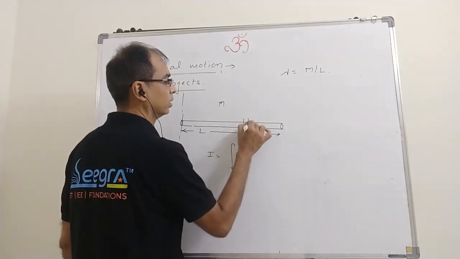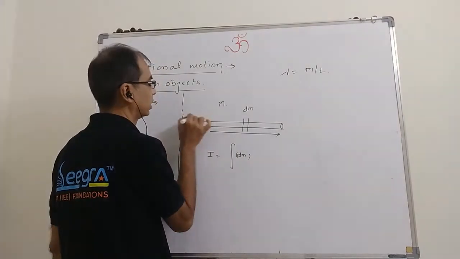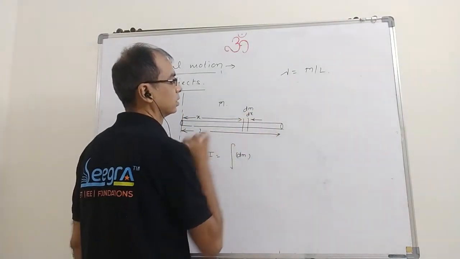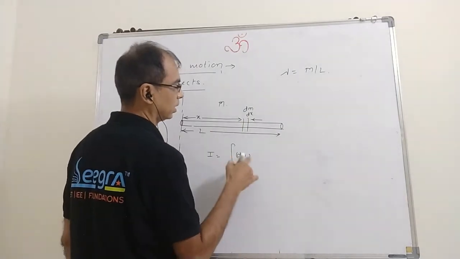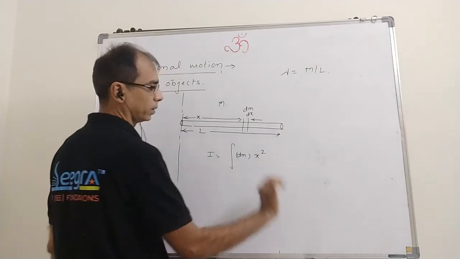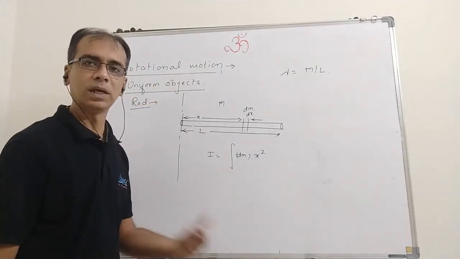Suppose you have taken a small piece at distance x from the axis and its length is dx. So we write dm, its mass, and its distance from the axis is x, so x square. This is the formula, dm x square.